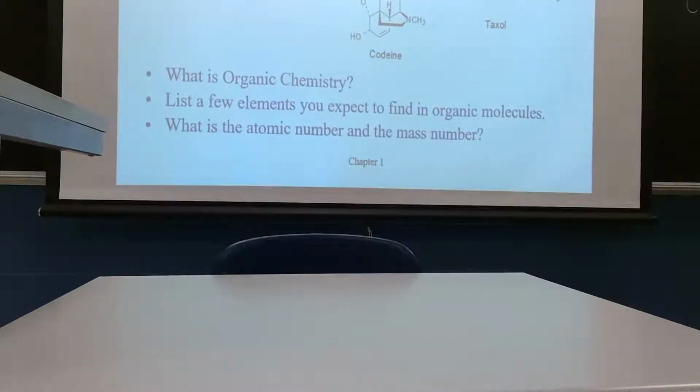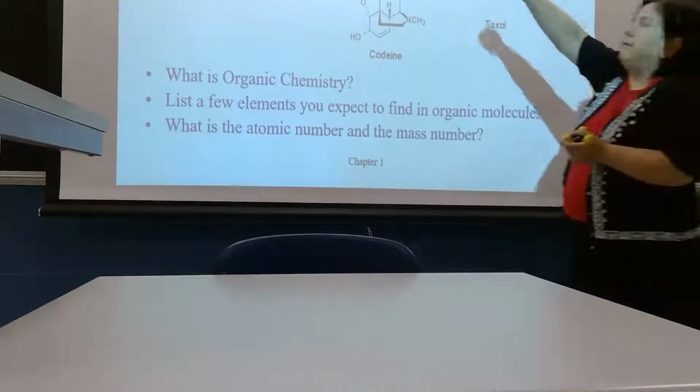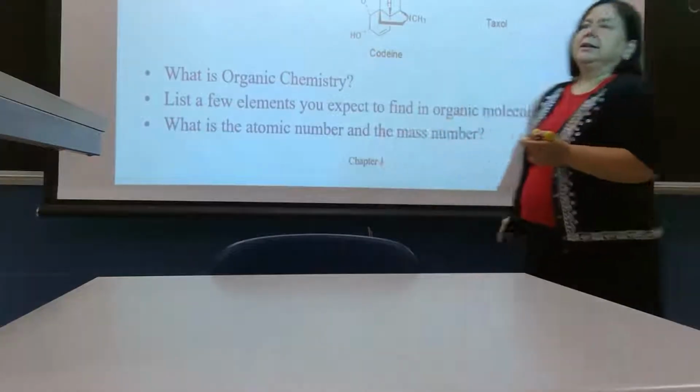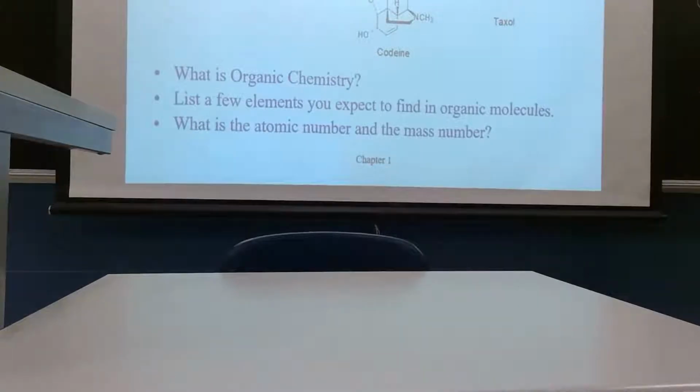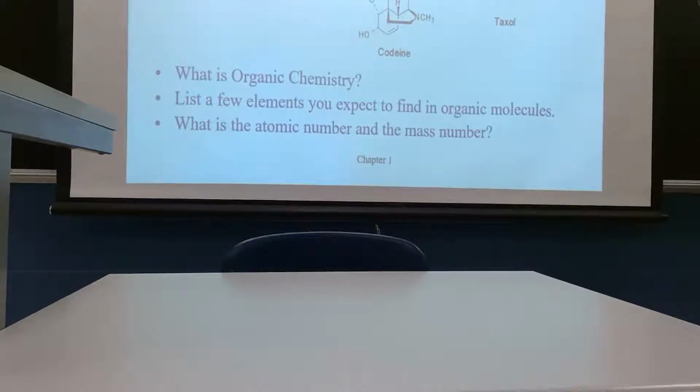So what other elements can you find in organic compounds besides carbon? That's very common. Somebody said hydrogen, that's good. So carbon, hydrogen, oxygen. Oxygen is important, nitrogen, and halogens, but both are important.